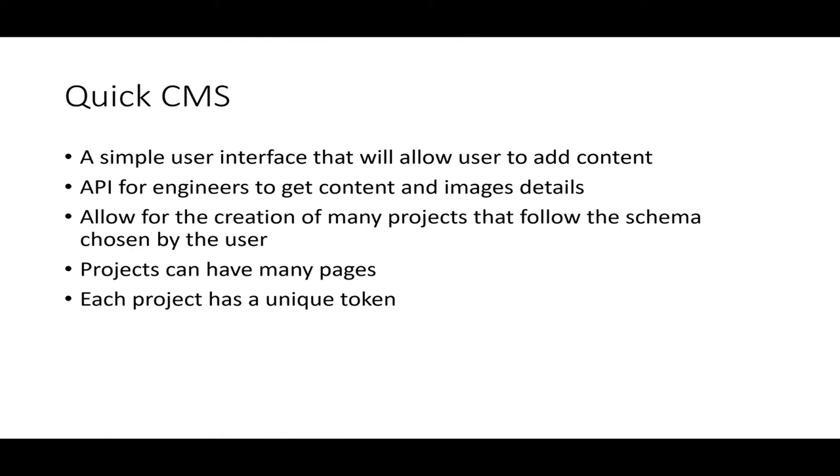The schema allows users to add content that's essential to the web page, such as title, text, and images, but they are also allowed to add many more that will be needed for the website. We store the data given by the user in a database, and then the engineers can add the content to the website by using a unique token generated after the creation of their project on QuickCMS.